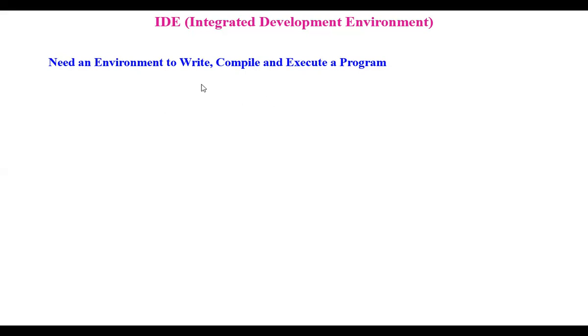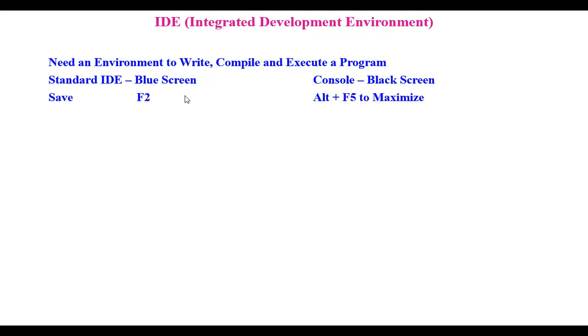To write any program, we need a certain environment, and that environment we call an IDE, or Integrated Development Environment. Here it is a standard IDE with a blue screen. You can observe that; a general console comes in a black screen, but the standard IDE comes with a blue screen.